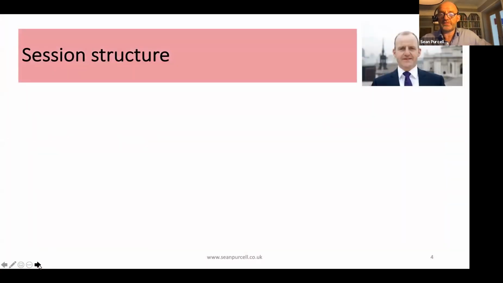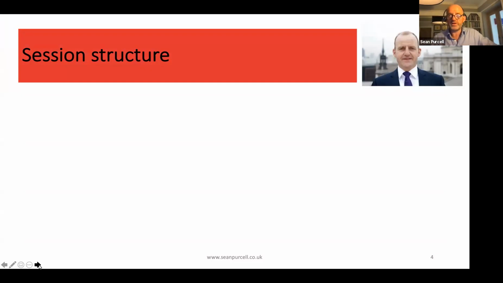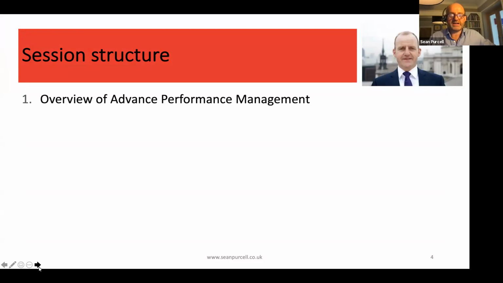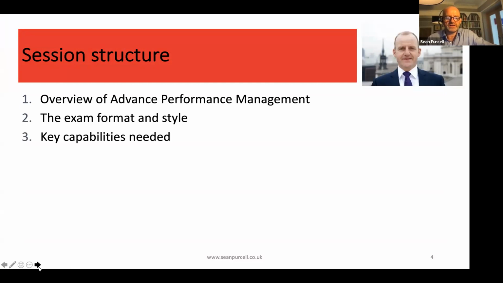In terms of how we're going to put together the session, I'm going to begin by giving you an overview of APM and what's behind it, what the thought is, so that you can make sure your answers are relevant to how the examining team is thinking. I'll give a brief overview of the format and style, talk about what a good student needs to show so that they can succeed in the APM exam, and talk about why people fail it.